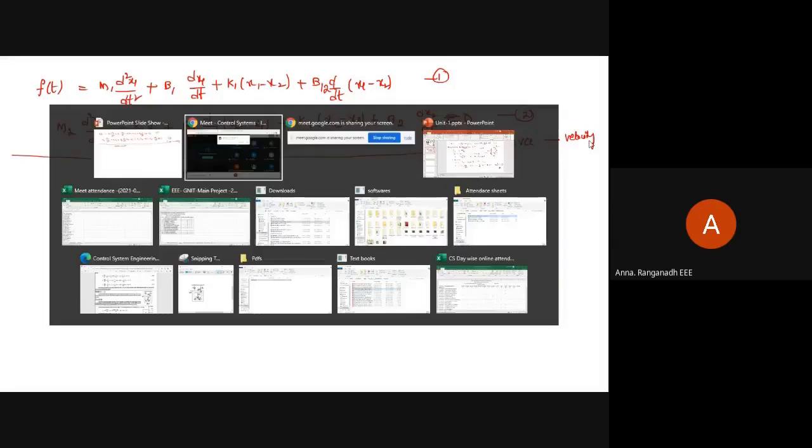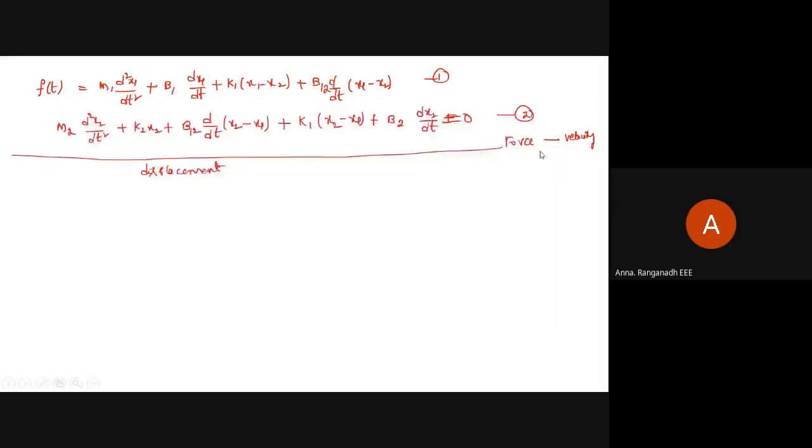That's why the displacement will be converted into velocity. How we are going to convert: displacement is x. In order to convert into velocity, v equals dx by dt.